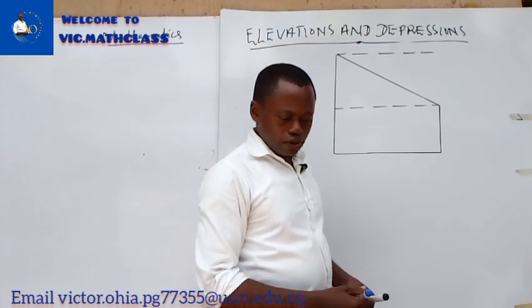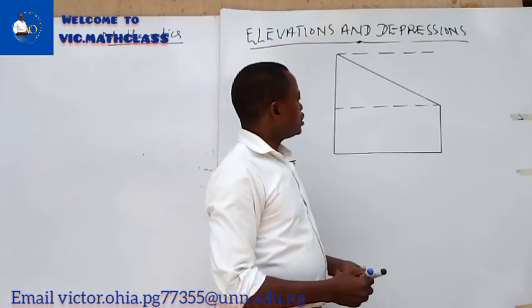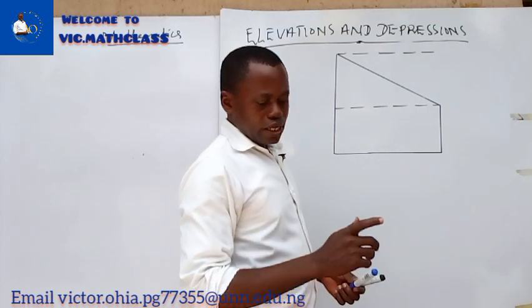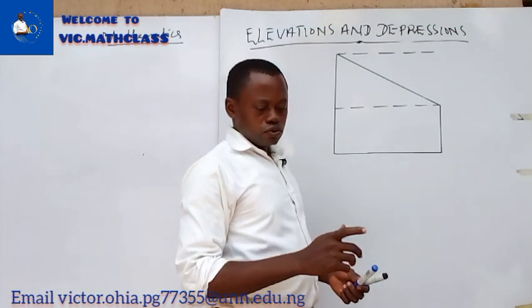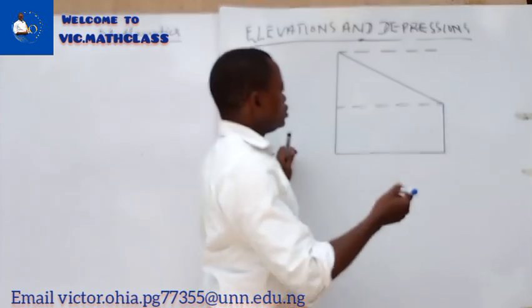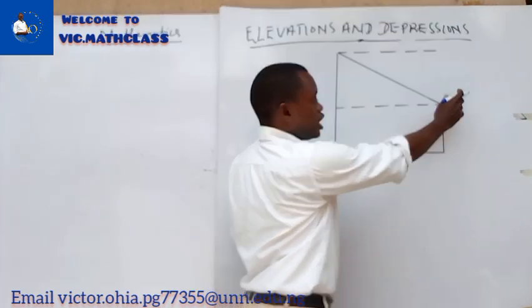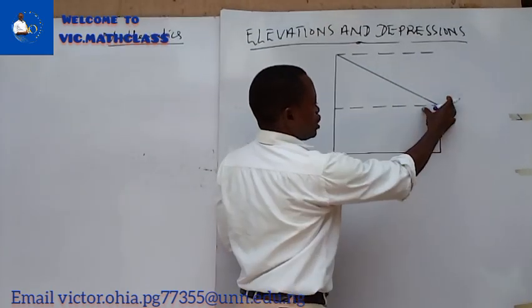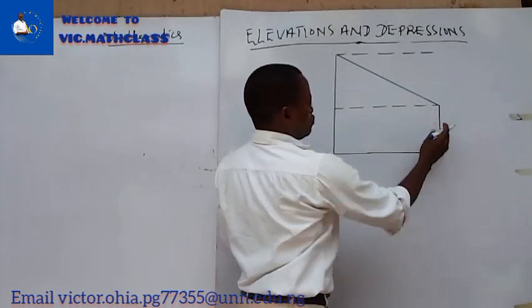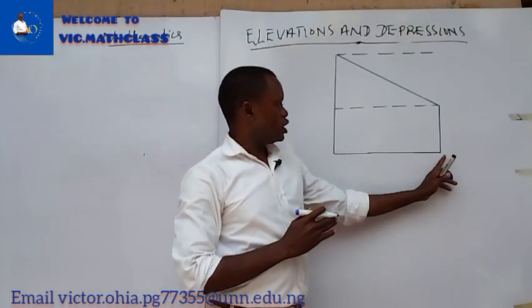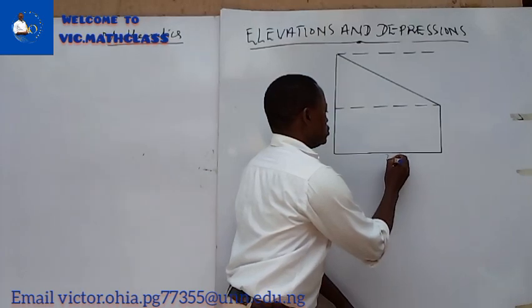In that question, it says from the top floor of a story building, the angle of depression of another building's roof 20 meters away. This is the smaller building, and it is 20 meters away. That is to say, this distance from here to here is 20 meters.